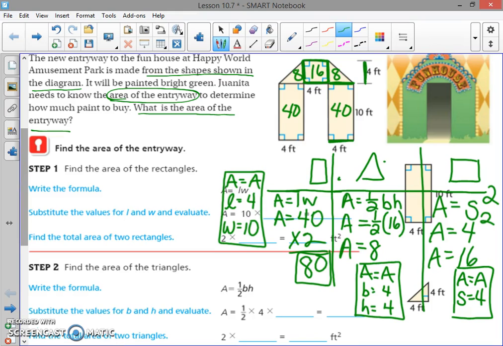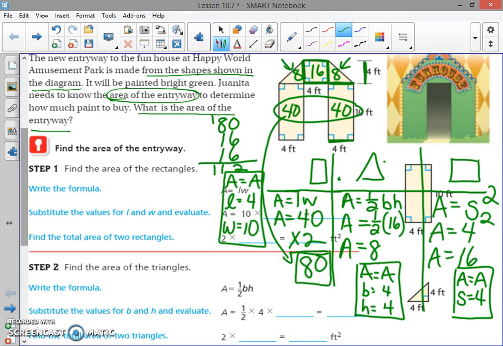Okay, so then all you have to do is you can do 40 times 2, which I did here. 8 times 2 is 16, so we have 80 for the rectangles, 16 for the triangles, and 16 for the square. And then you just add them all up, and you get 112 feet squared.